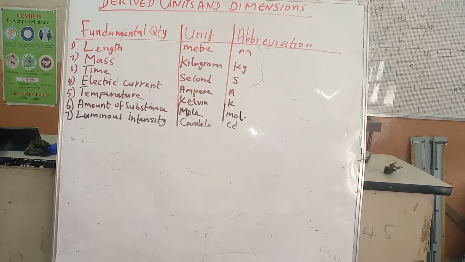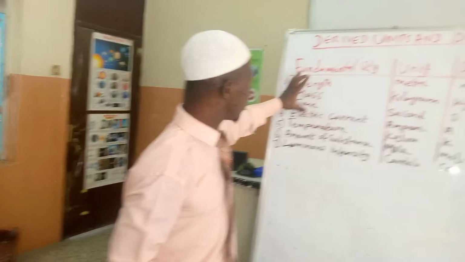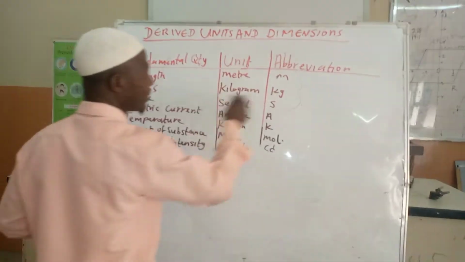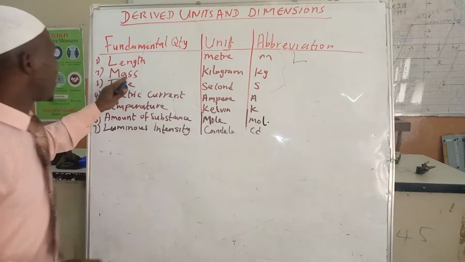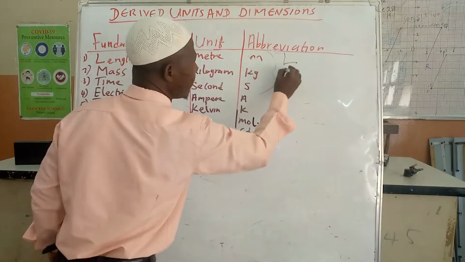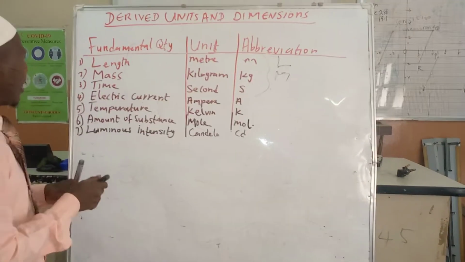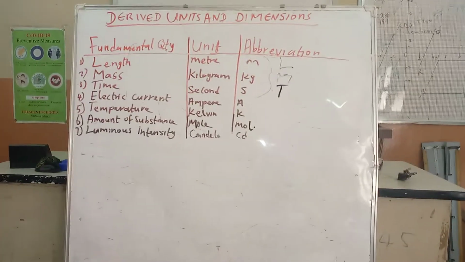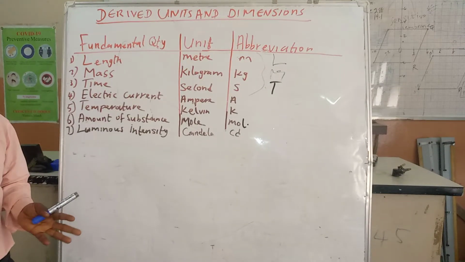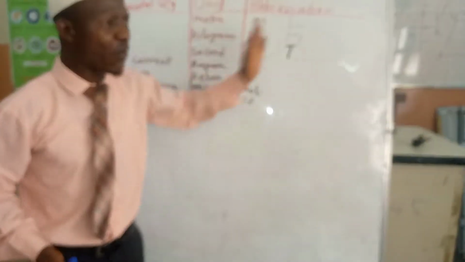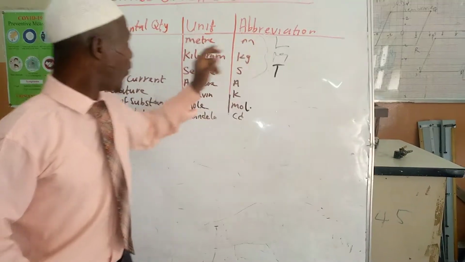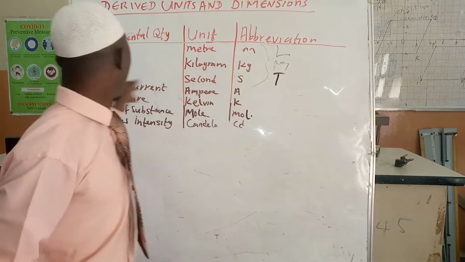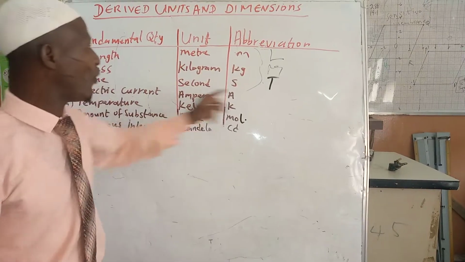We normally base the dimension on length, which is L. Mass is M. Time is T, from their first letters. So if I want to study dimension, all I need is these three letters and what they stand for: L for length, breadth and height, M for mass, and T for time.